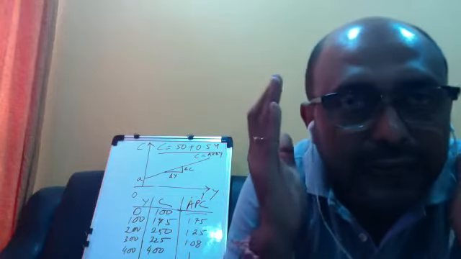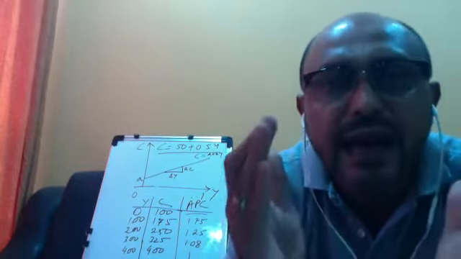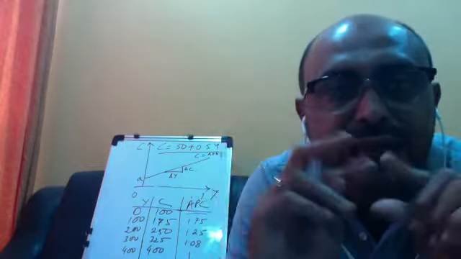So now delta Y, the change in income, is split into two parts, delta C and delta S. Yes, we can write it like this.